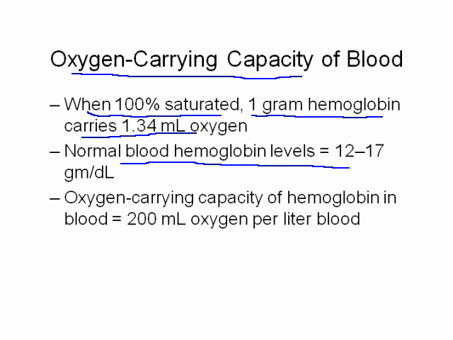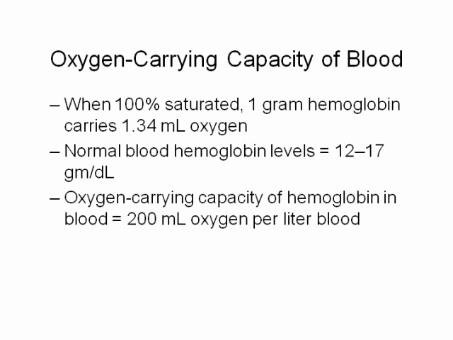Normal hemoglobin levels are about 12 to 17 grams per deciliter of blood, meaning that the oxygen carrying capacity of hemoglobin in the blood is about 200 milliliters of oxygen per liter of blood. So each liter of blood will carry about 250 milliliters of oxygen that can become gas and be delivered to the tissue.